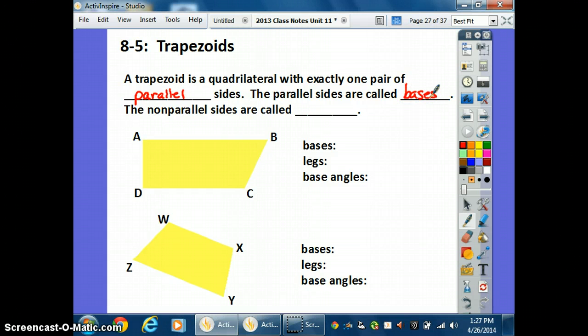And the non-parallel sides are called the legs. So the bases are AB and DC, the parallel sides. Here's one base, AB, and then DC is the other one. The legs are the non-parallel sides, AD and BC.